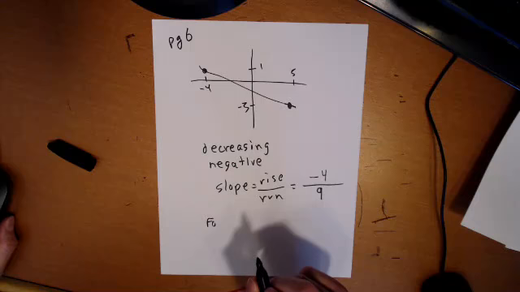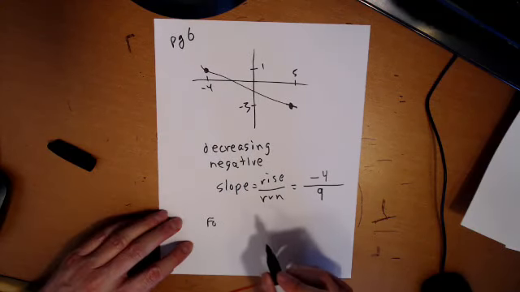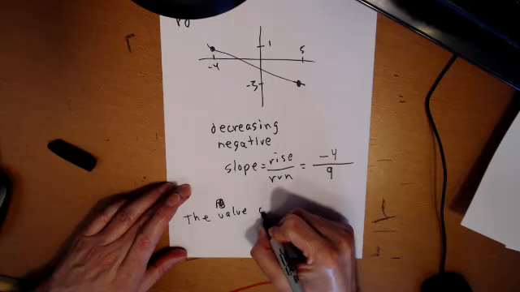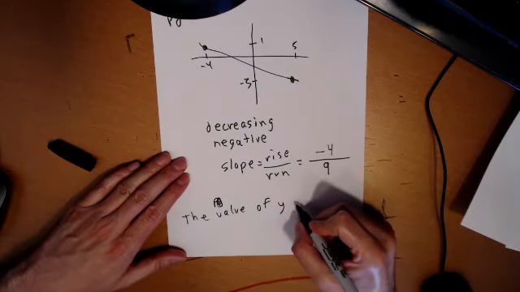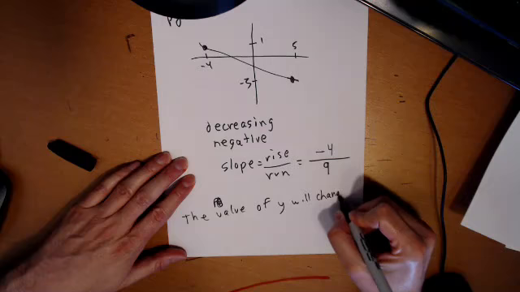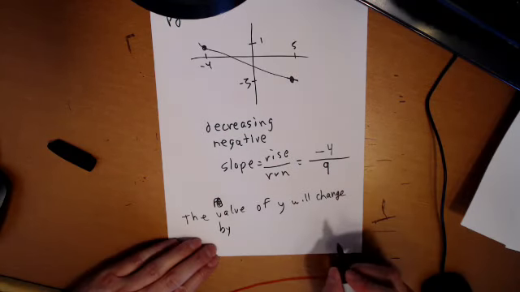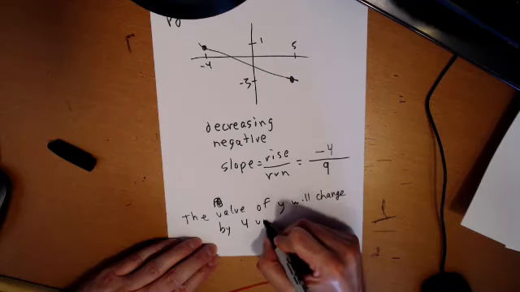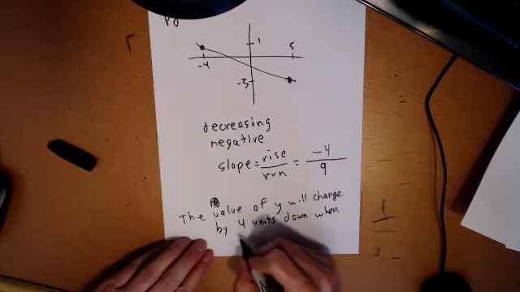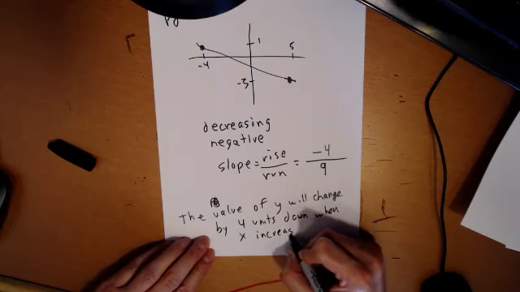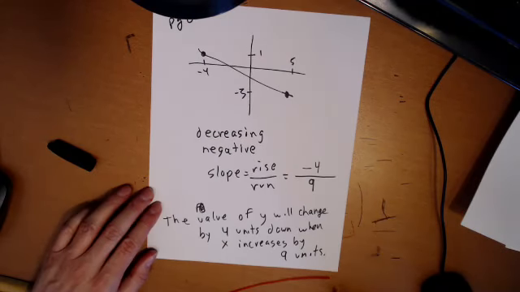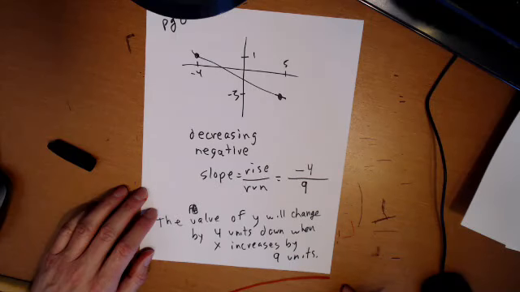I would say, copying what they wrote: the value of y will change by 4 units down when x increases by 9 units.